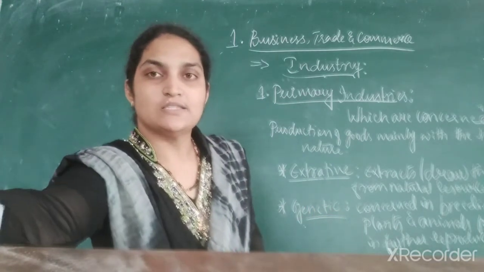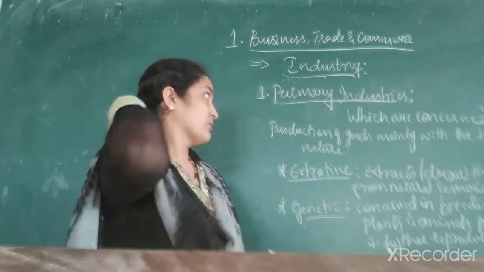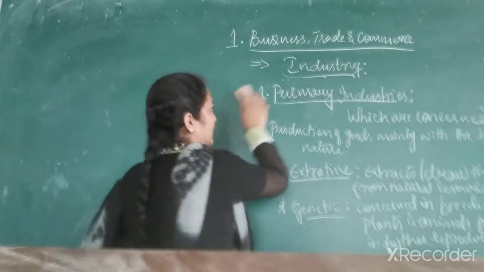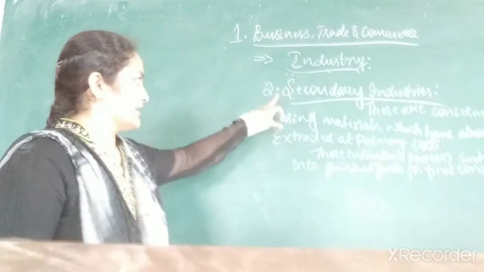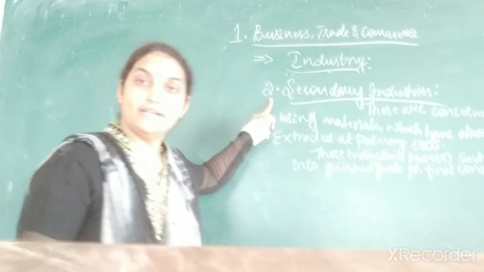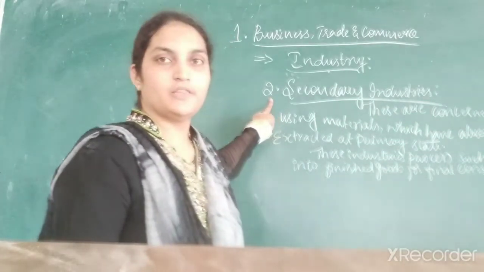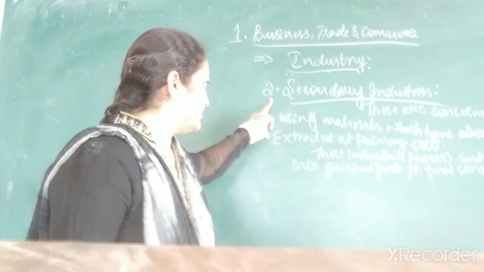Now let us discuss the second part of industries, secondary industries. The second category under the industries are secondary industries.